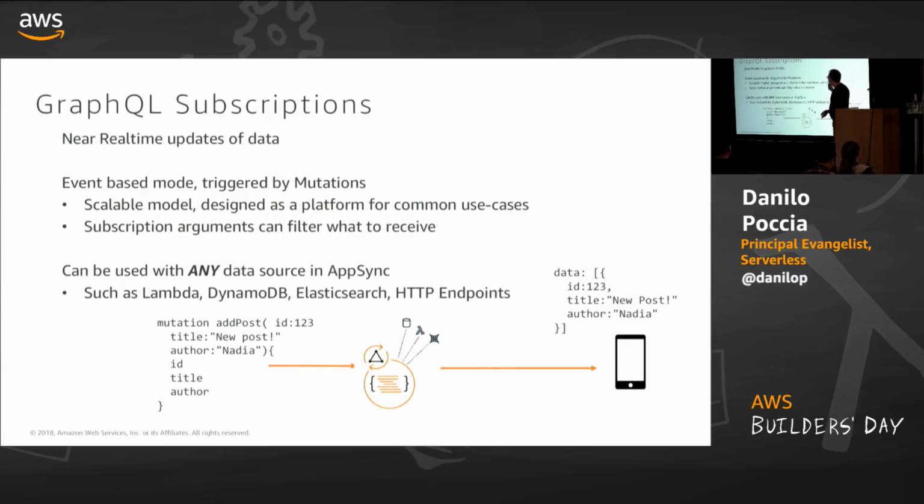Just a few words on GraphQL subscriptions. So GraphQL subscriptions work with any mutation. So any mutation can generate a real-time notification. So if you have a chat, for example, you can subscribe to a chat room, and every time there is some activity in that chat room, you receive a notification.